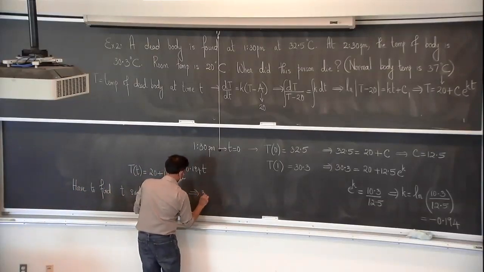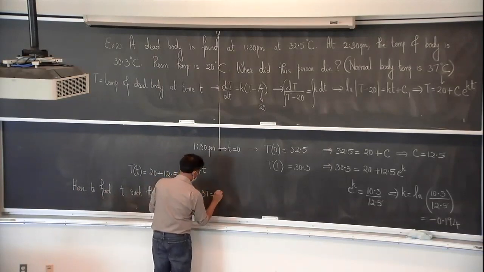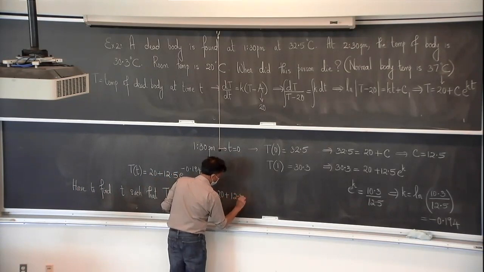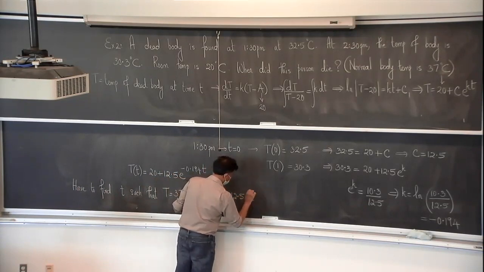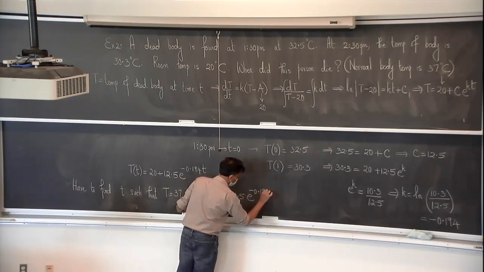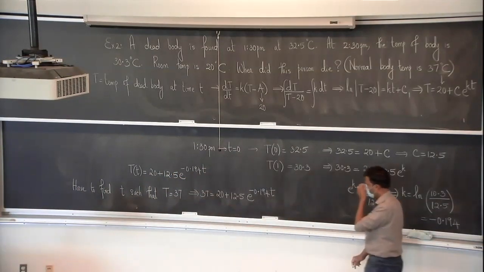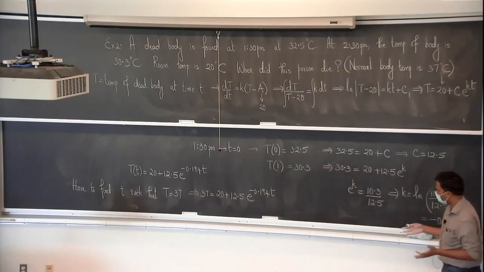So this is 37 equal to 20 plus 12.5 e to the power of negative 0.194 t. Every time there is only one unknown quantity to be found, little t is the one here.